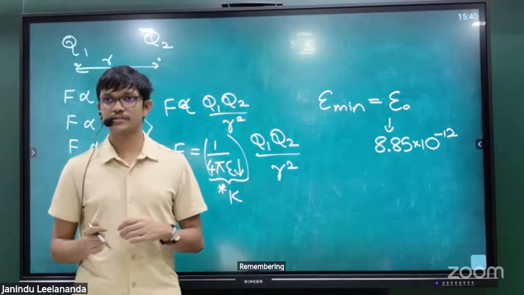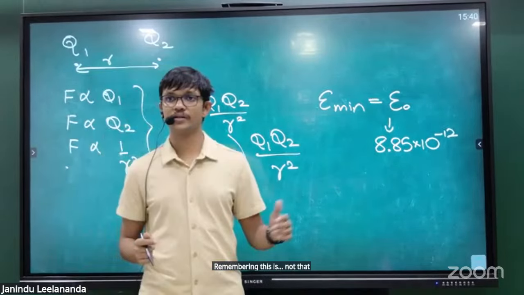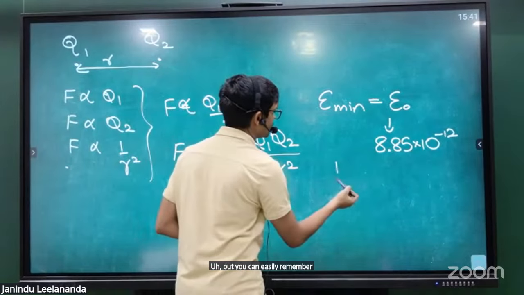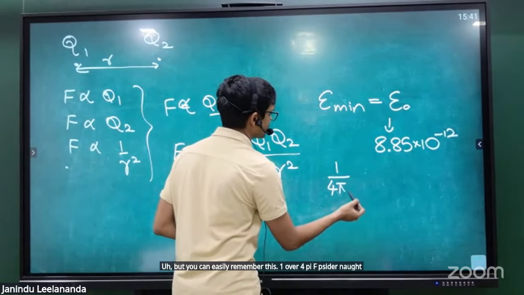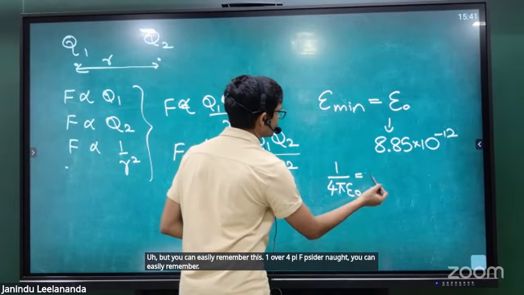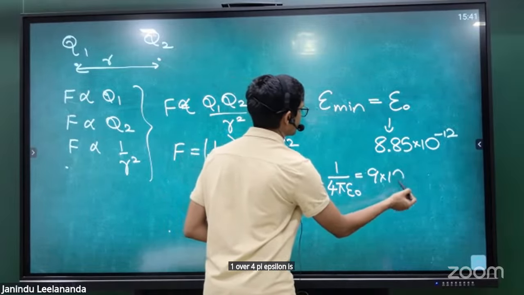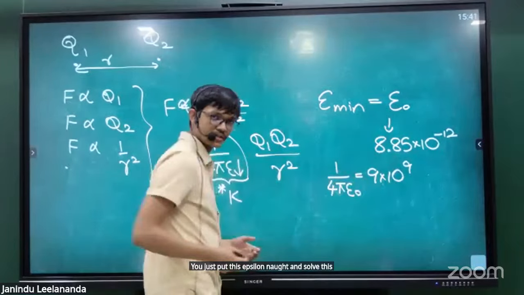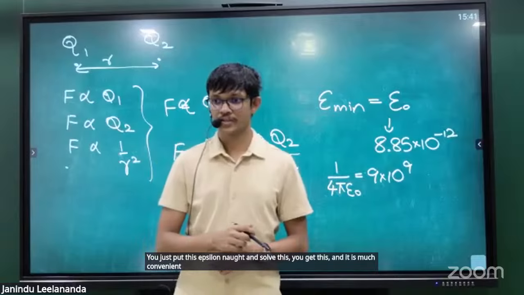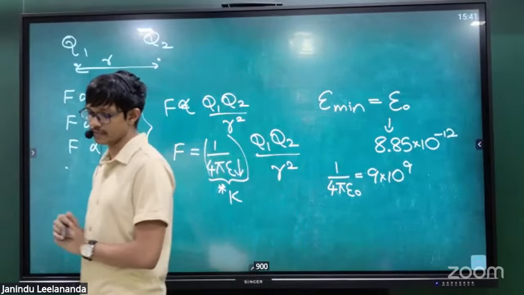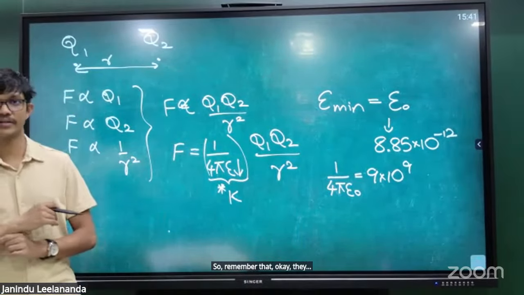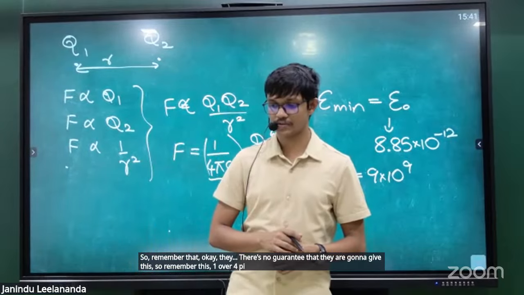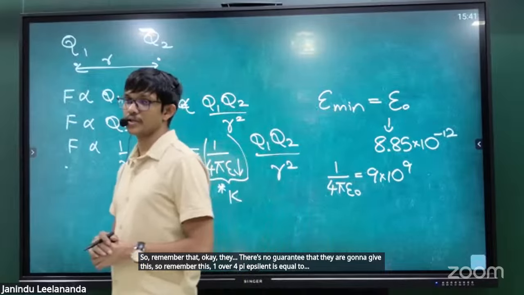Remembering this is not that convenient, but you can easily remember 1 over 4 pi epsilon naught. 1 over 4 pi epsilon naught is 9 into 10 to the power 9. You just put this epsilon naught and solve this, you get this, and it is much more convenient to remember. There's no guarantee that they are going to give this, so remember this: 1 over 4 pi epsilon naught is equal to 9 into 10 to the power 9.